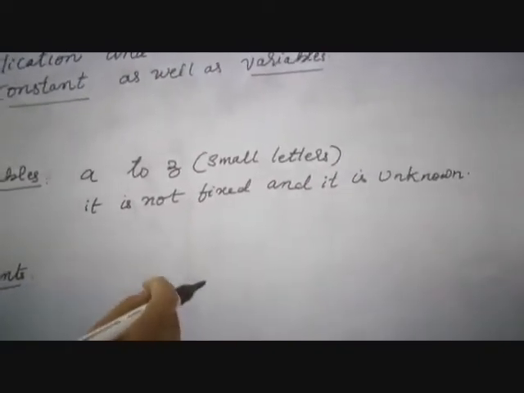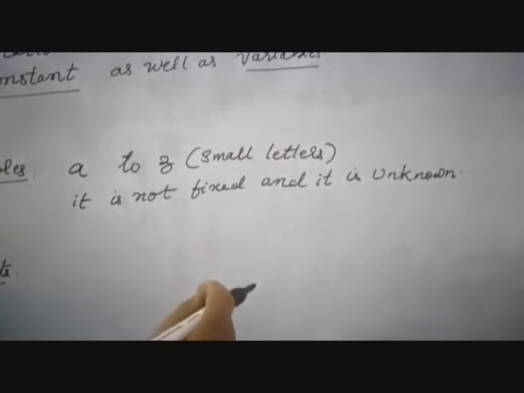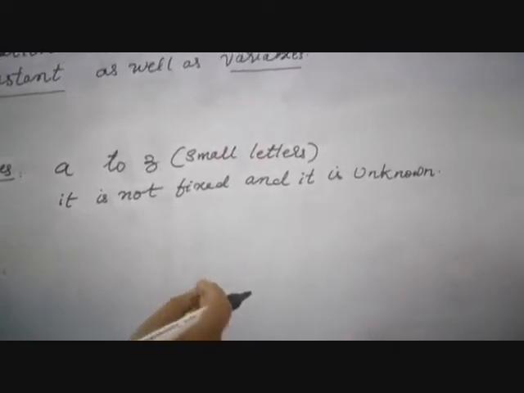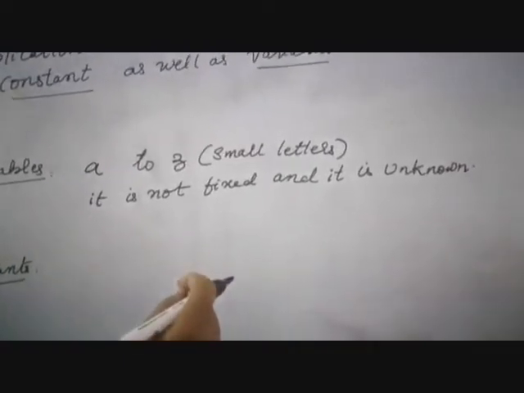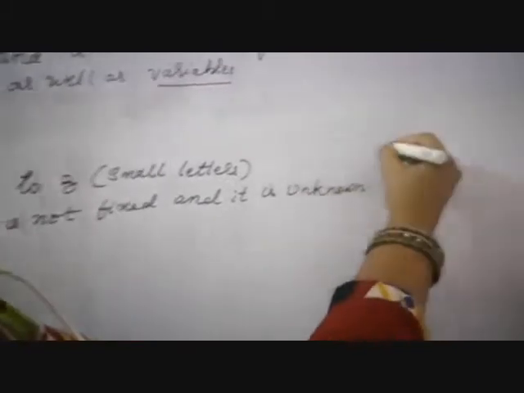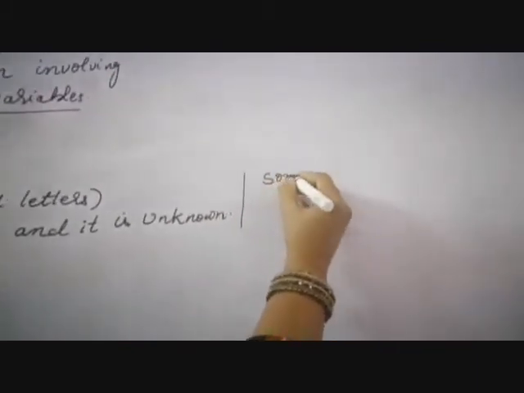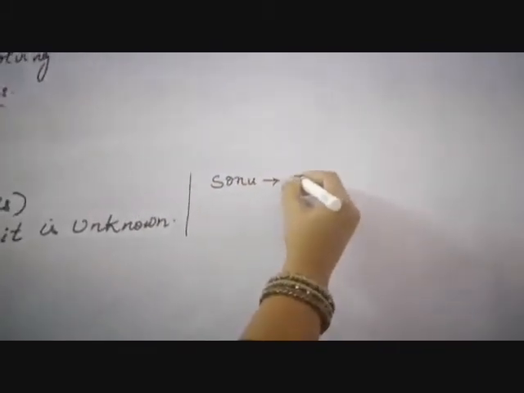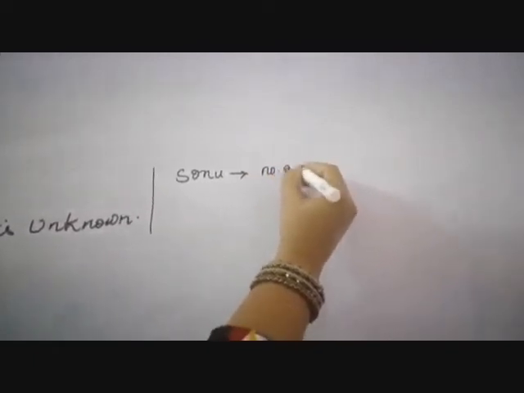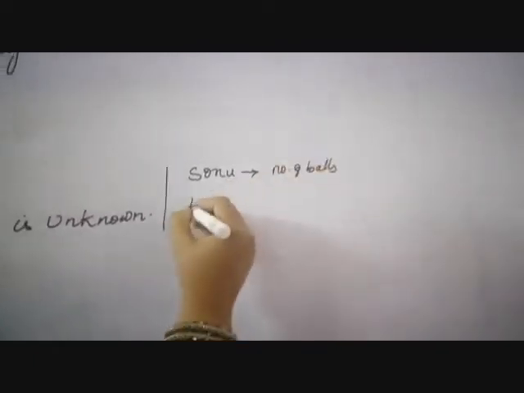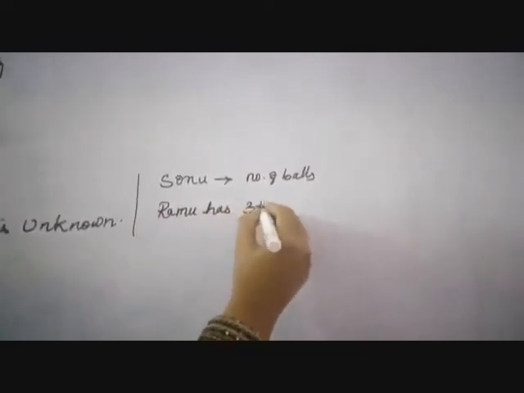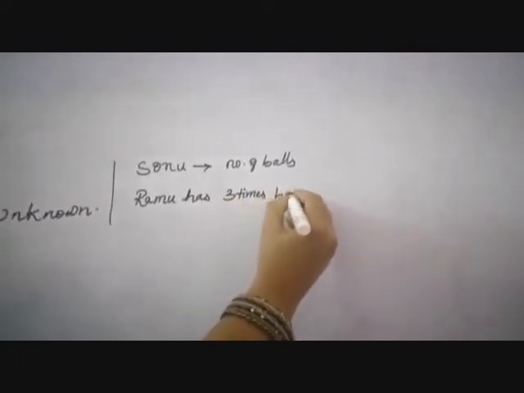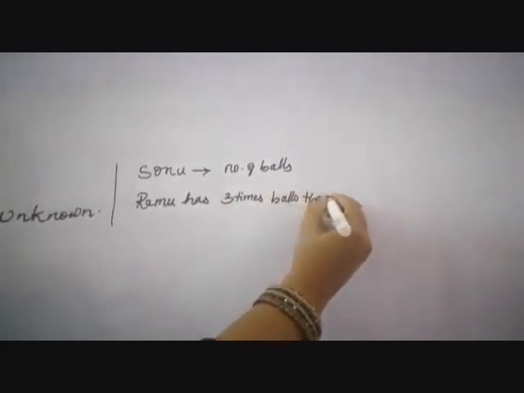For example, I will give you an example. Sonu has some number of balls and Ramu has 3 times the balls than Sonu.